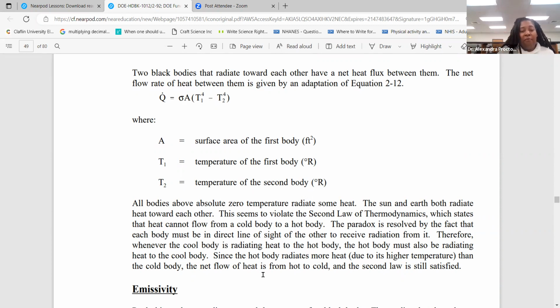Since the hot body will radiate more heat due to a higher temperature than the cold body, the net flow still goes from hot to cold, keeping it in line with the second law of thermodynamics. So that second law is still satisfied due to the fact that the net flow is still hot to cold.